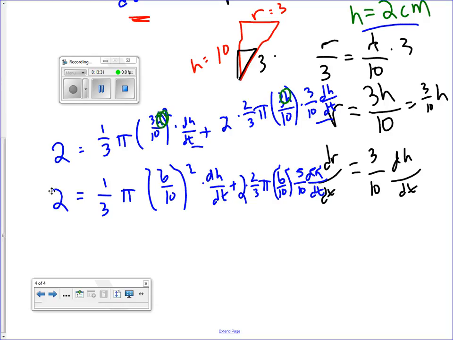Okay, sorry for the weird handwriting, the weird calibration. So now I only have dh dt, which is good. So now I'm just going to start simplifying.